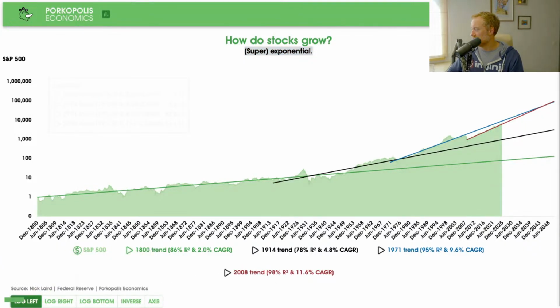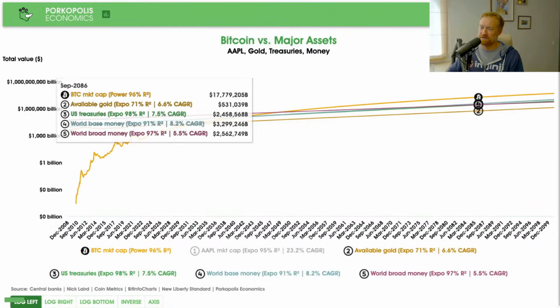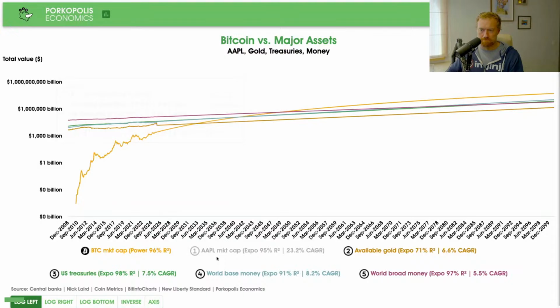Sorry, this goes back to this question. Okay, so let me put this back on. Now I have the CAGRs. I don't have the market cap of the S&P, unfortunately, and there's actually nothing close here.